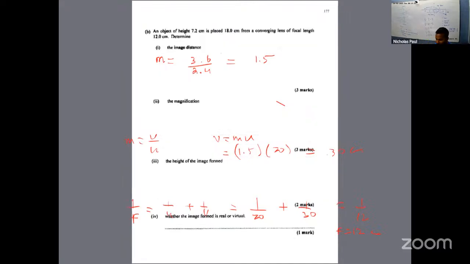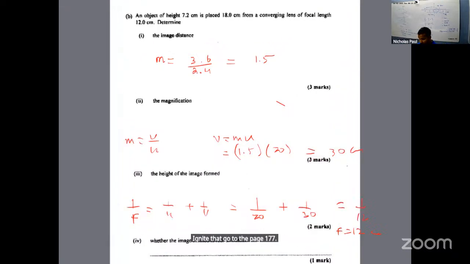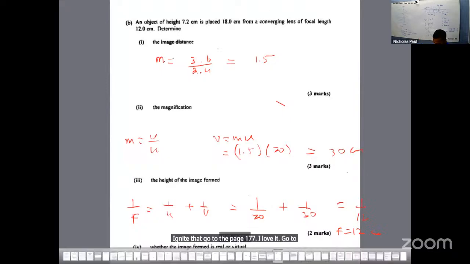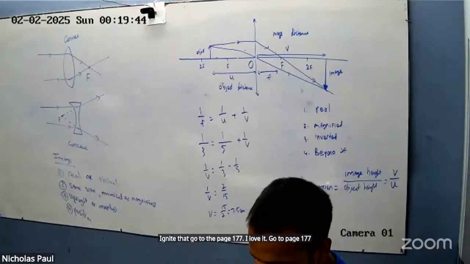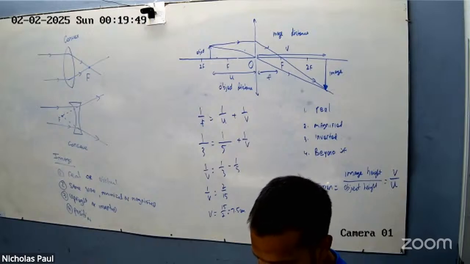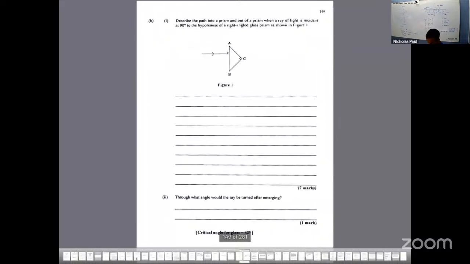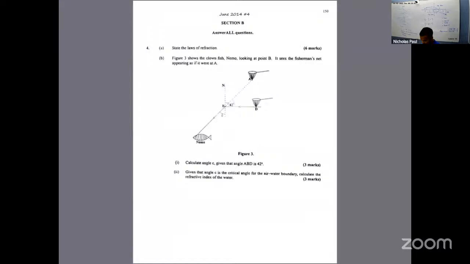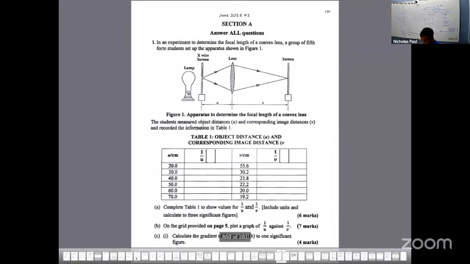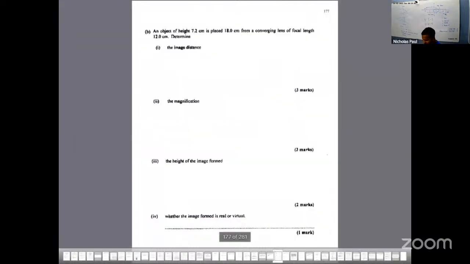Ignore the diagram. Go to page 177 and let's do that. Right. Let's start here.